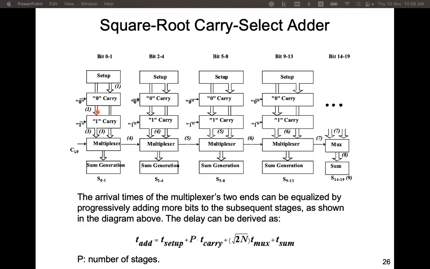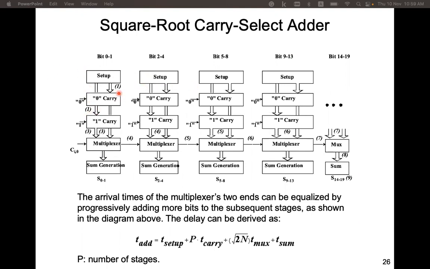As shown here, say I assign 2 bits to the first stage, 3 bits to the second stage, 4 bits to the third stage, and 5 bits to the fourth stage. If we only have 4 stages, then the total number of bits is 14. But if we do this progressively, with wider width for the stages, then we get this optimized delay.